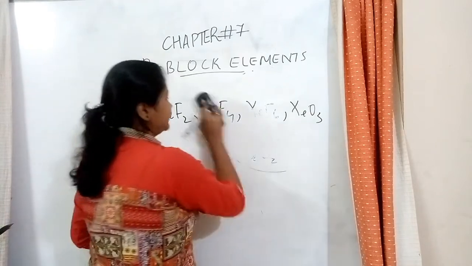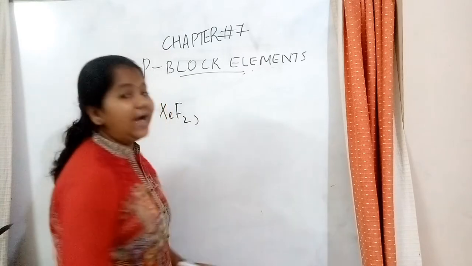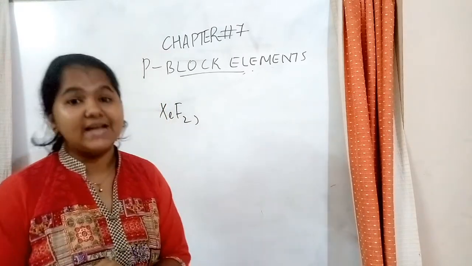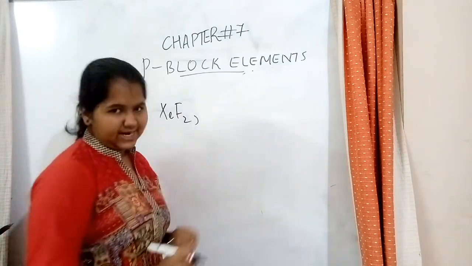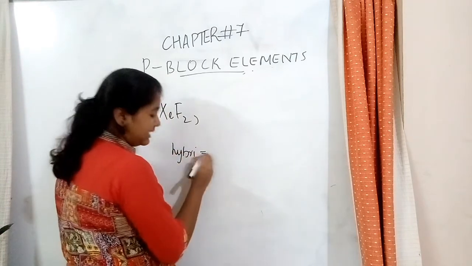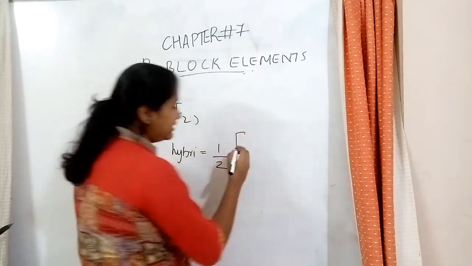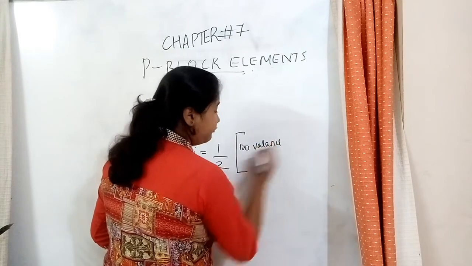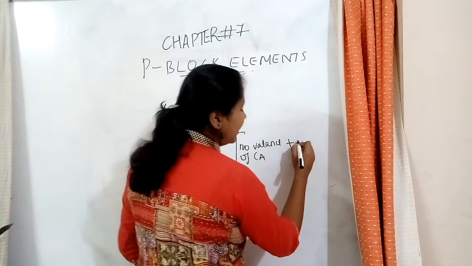Before learning about the structure, last year we learned the equation for hybridization to find the hybridization of the central atom. What was that equation? Anyone remembers that? Let's write the equation. So hybridization is equal to half into the number of valence electrons of the central atom plus the number of monovalent atoms.